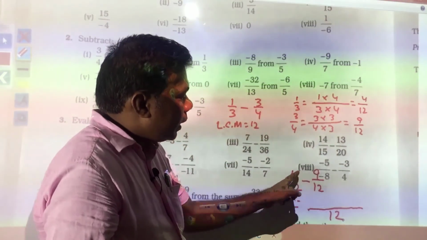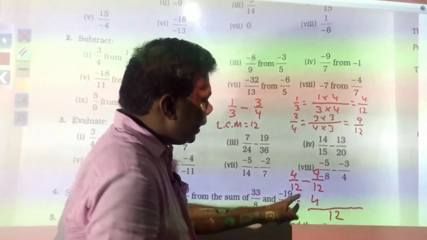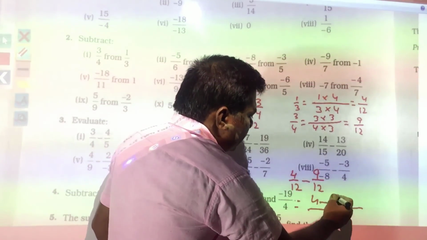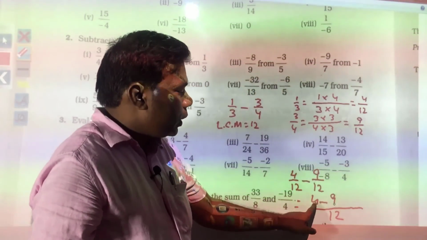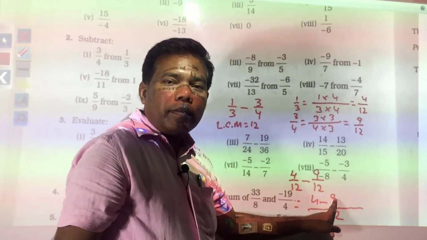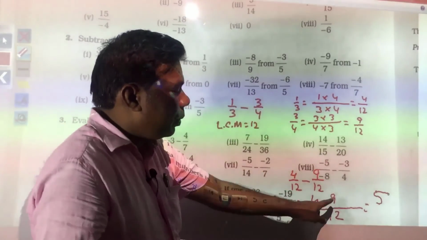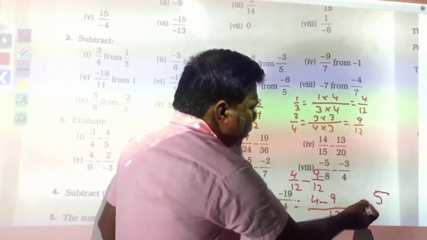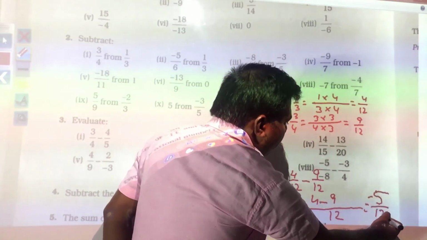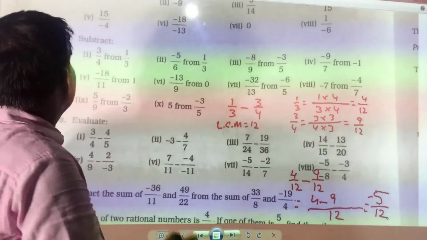Just write the numerator 4, and the sign you see is minus, so minus 9. Now, the smaller number is required to be subtracted from the bigger number, so you will get 5, and the sign will be of the bigger number, so this will be minus. So, minus 5 by 12 you will get, and this will be your answer.